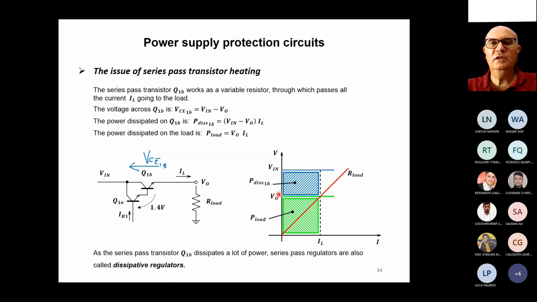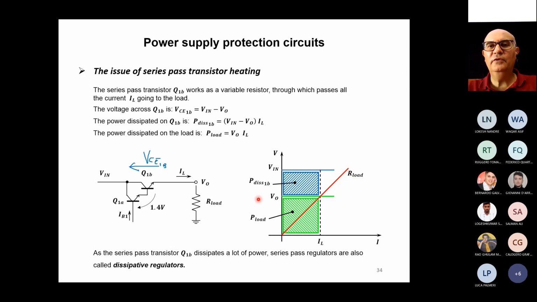From Vin to Vout is the collector emitter voltage of the transistor. Vout is the voltage on the load resistor. And in this case, for instance, I can also indicate that it's a linear load, a resistance. So I can use this red line to indicate the load line corresponding to the resistance.